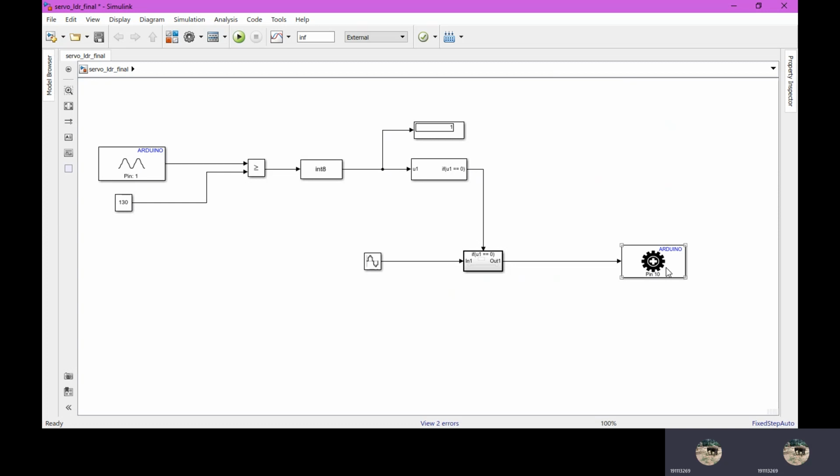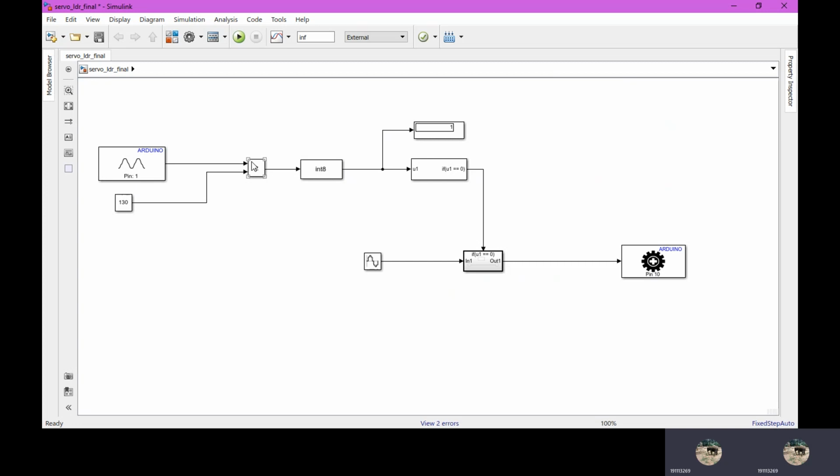So the gist of the project is to pass a sinusoidal source value to servo motor to rotate it from -90° to +90°, unless or until a particular threshold value or more than that has been reached or read.